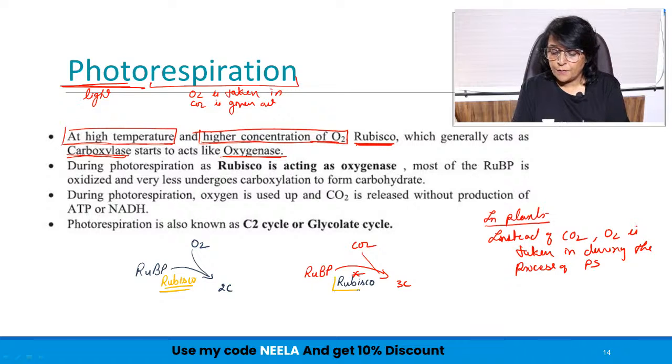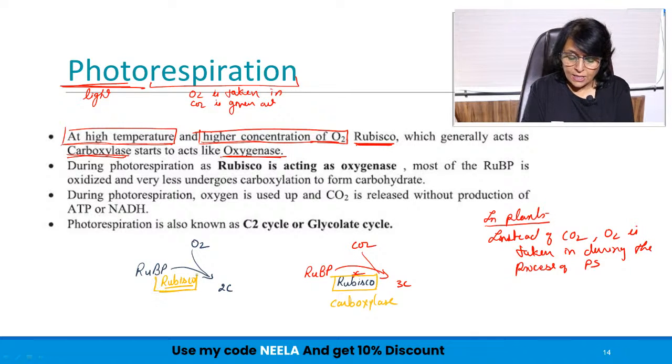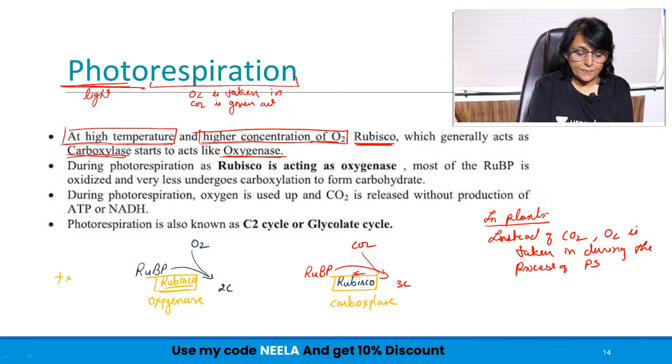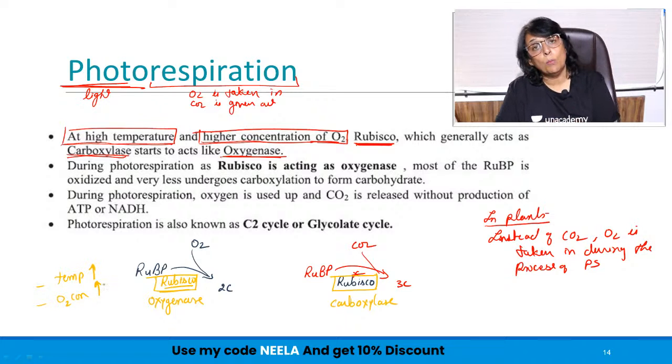Now in this first case, Rubisco is acting as carboxylase, addition of carbon dioxide, and here Rubisco is acting as oxygenase. What are those conditions when the behavior of Rubisco changes? Two conditions. Temperature is high, and oxygen concentration is also more.